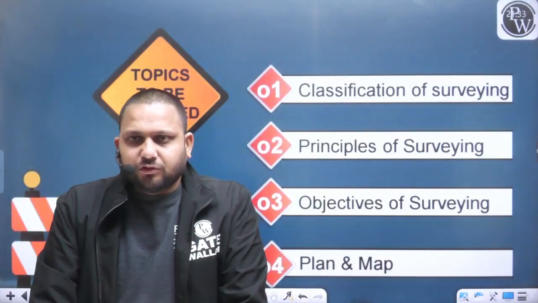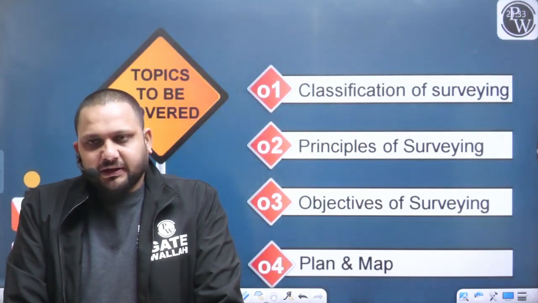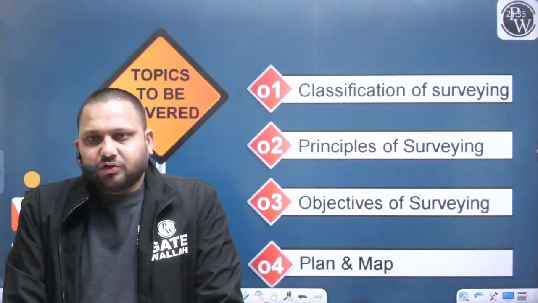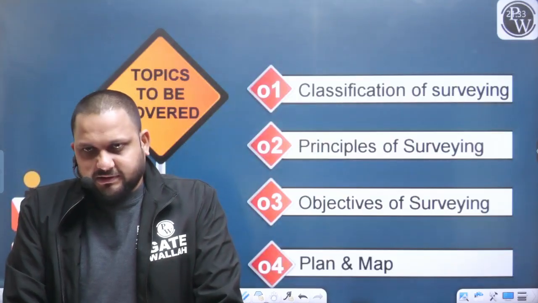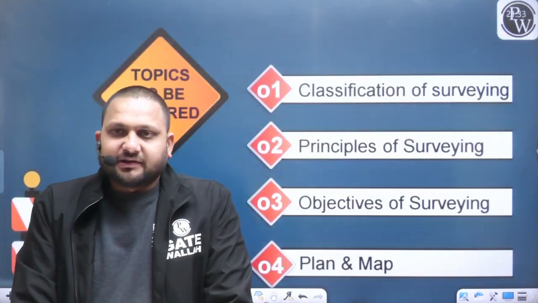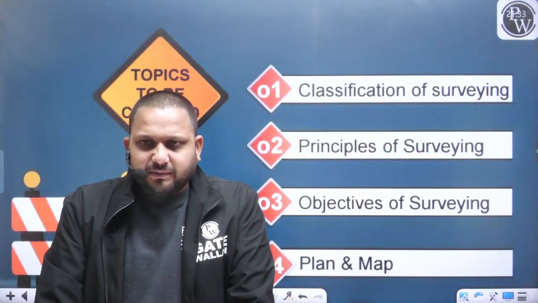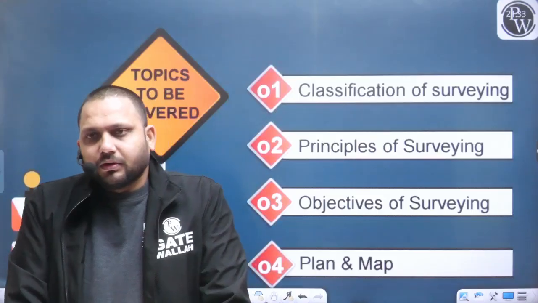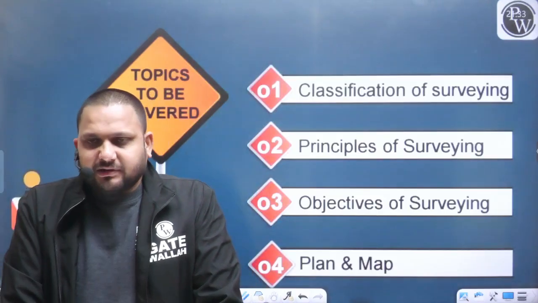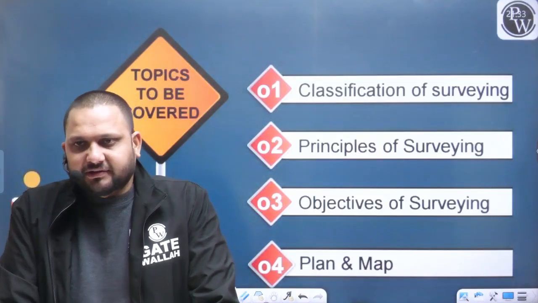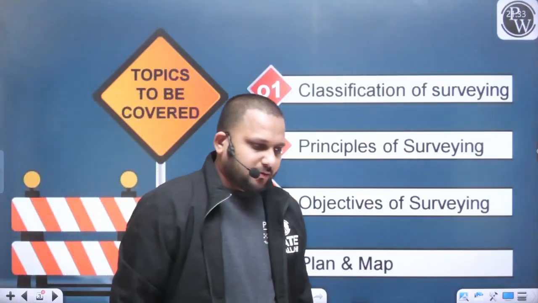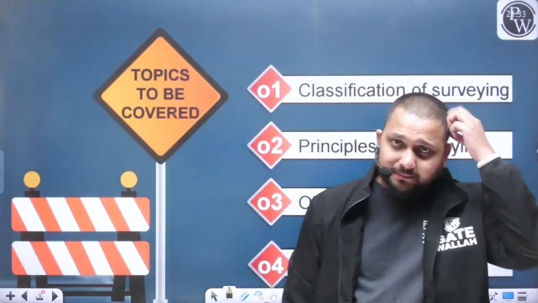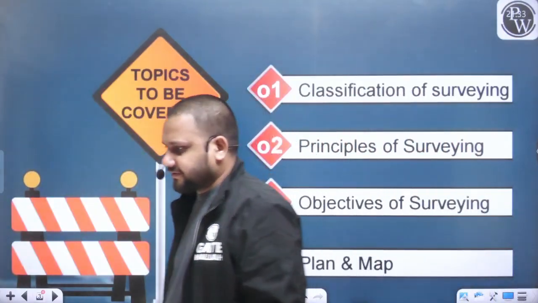With the help of those measurements we can define the position of a point. Those were linear measurement and angular measurement. Now we will discuss in detail what the linear measurements are and how we can perform them, what the angular measurements are, and what the various instruments available for linear and angular measurement are.